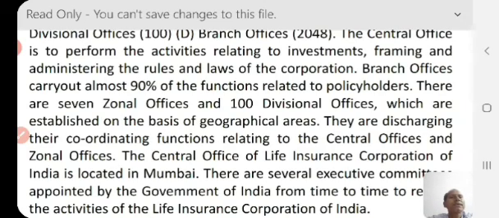There are 7 zonal offices and 100 divisional offices, which are established on the basis of geographical areas. They discharge their coordinating functions relating to the central office and zonal offices.